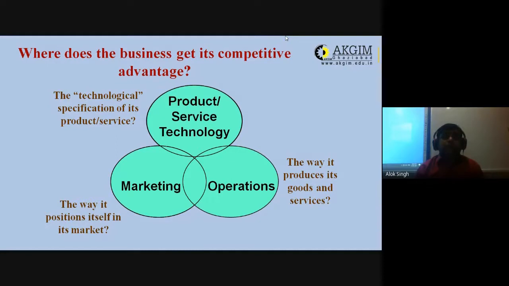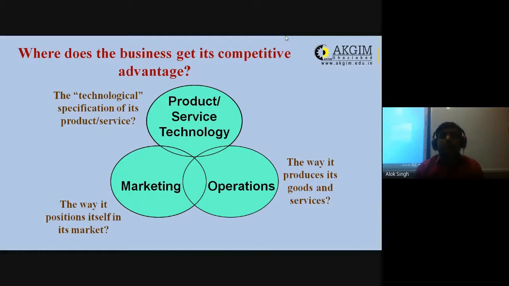Market it, position it, make a brand of it. Customers should be aware of the product before production, so that you can sell the maximum number of units to your customers in comparison to your competitors. So you need to focus on marketing functions also.